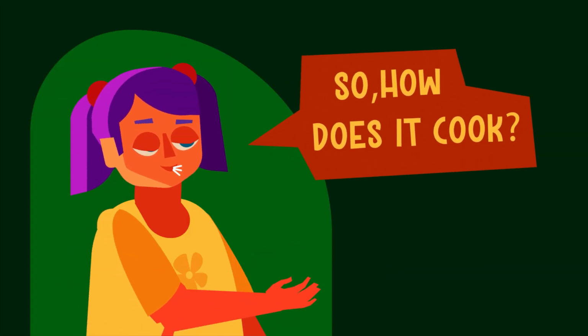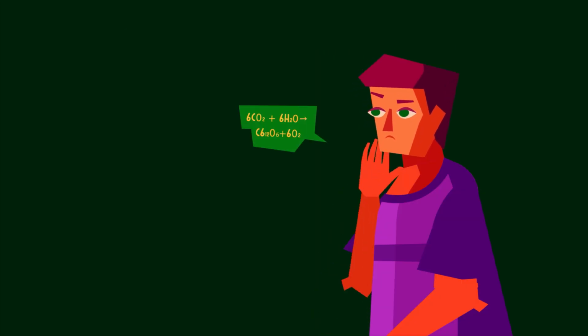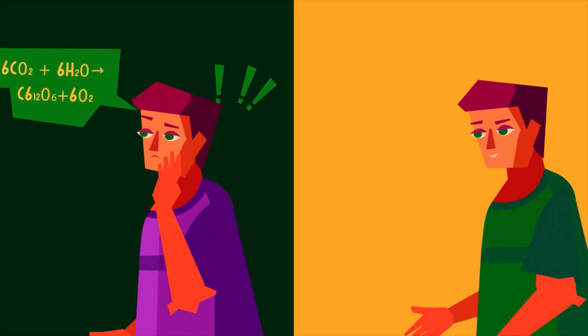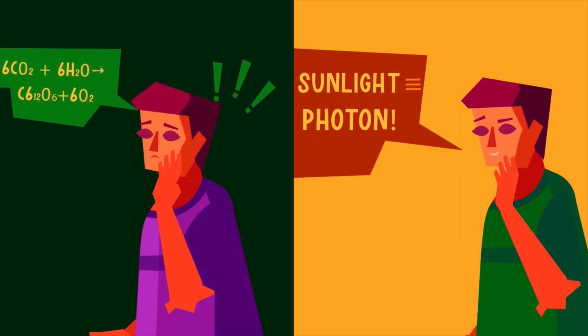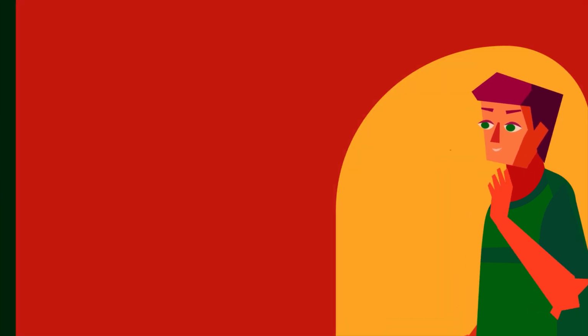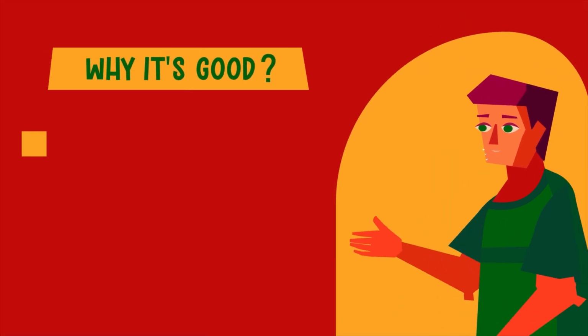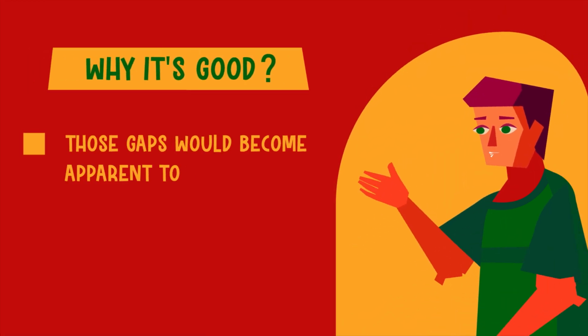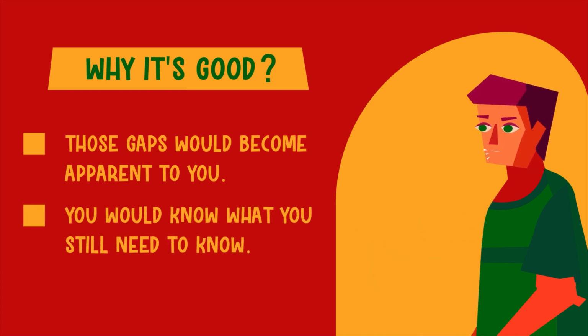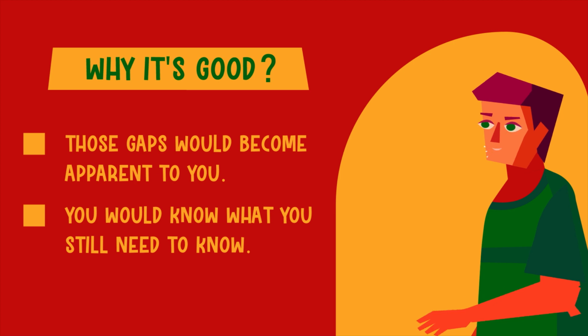Sometimes these gaps might seem a little large. Those would be apparent when you would have almost nothing to say about them. Other times they would seem relatively small. You would be able to connect dots together, but you wouldn't be dead sure about it. And that is good. It is good that those gaps would become apparent to you, because now you would know what you still need to know. Now you could go to the final step of the Feynman Technique.